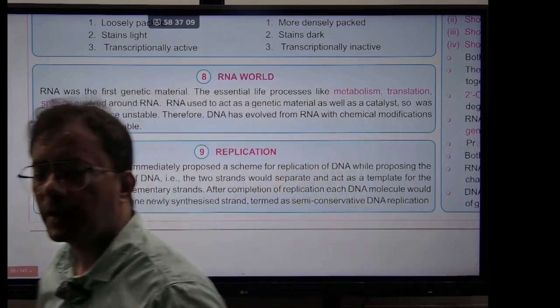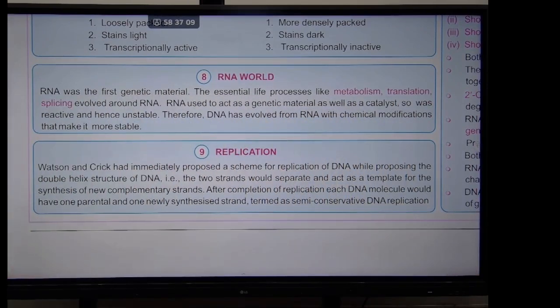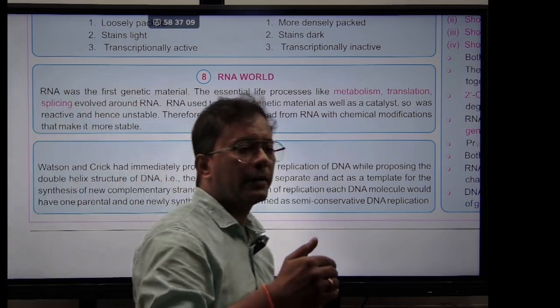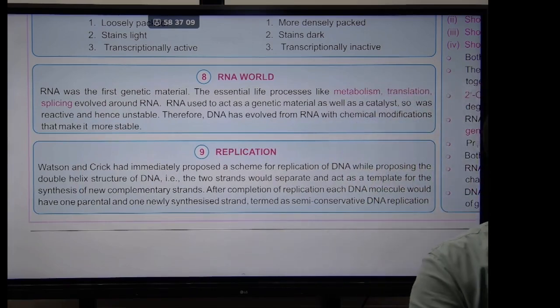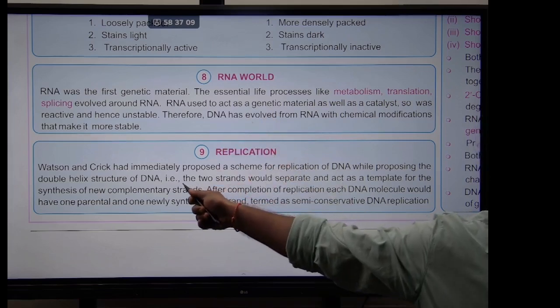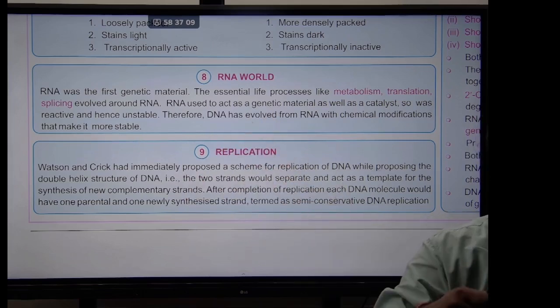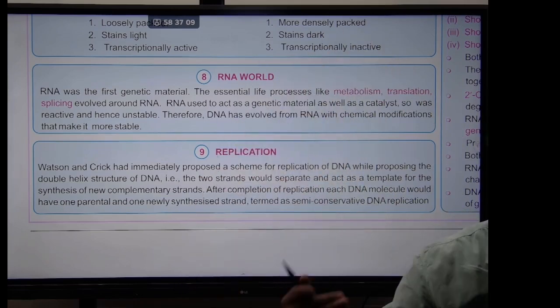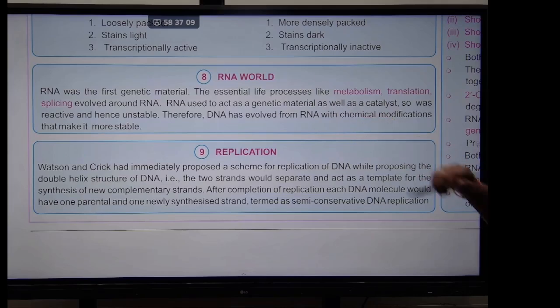Then there's a point mentioned here: the RNA world. RNA was the first genetic material. When living systems were evolving, the first genetic material to form was RNA, which was unstable. Later on, a more stable form evolved, which is called DNA.